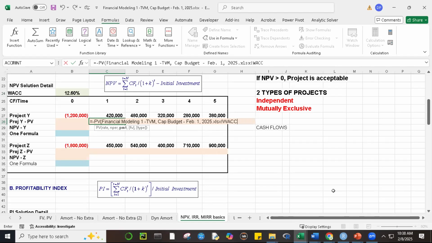Maybe not the workbook, sorry, because we already used the name. So let's just use it for this worksheet. WACC, worksheet. So the name WACC is the name in this specific worksheet.